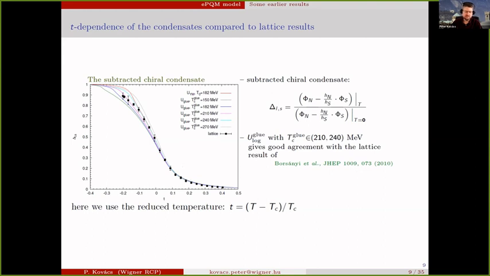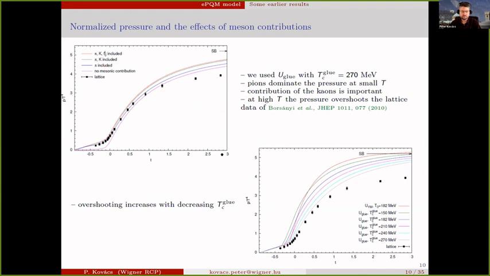This lattice result. And we use here the so-called reduced temperature. So it is shifted with the critical temperature and divided by the critical temperature. So that's why you can see this kind of scale. And I show some other things like the pressure, and how it changes when we include some bosonic contribution as well.